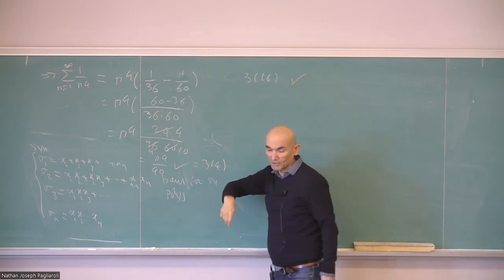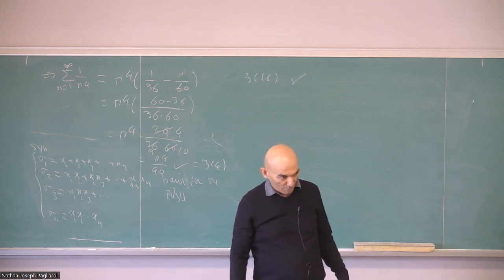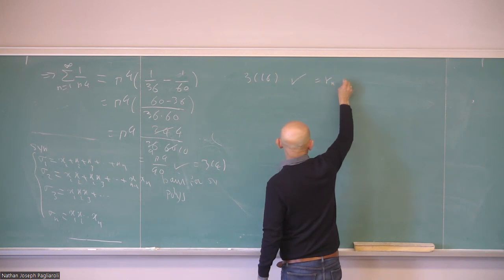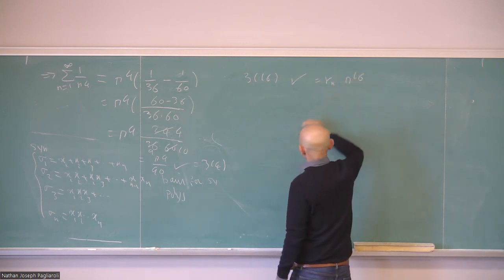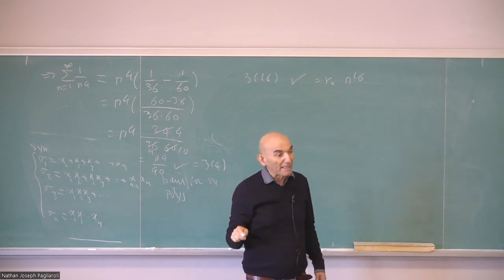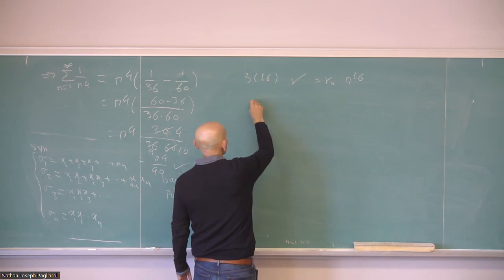So zeta of 16 is okay. I don't write it again because I wrote it. You see, this was this big fraction, pi to the power 16. So there was some rational number R8 times pi to the power 16. So with this method, you can guess that actually zeta of 2n is going to be some Rn times pi to the power 2n.